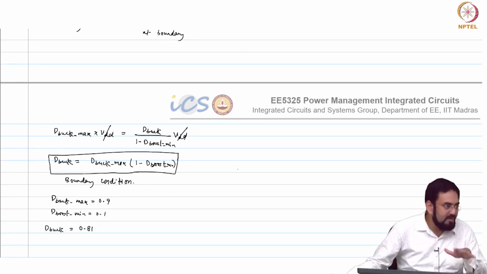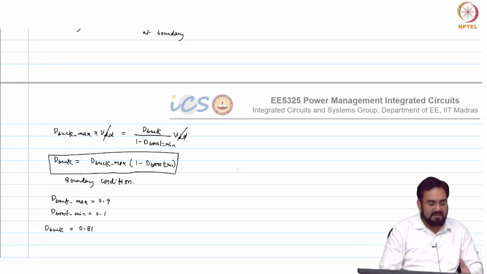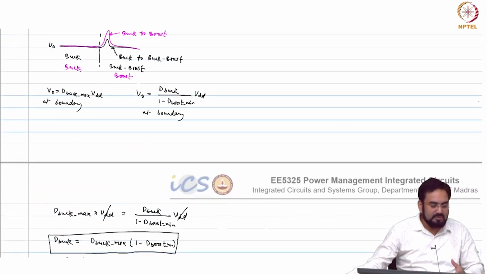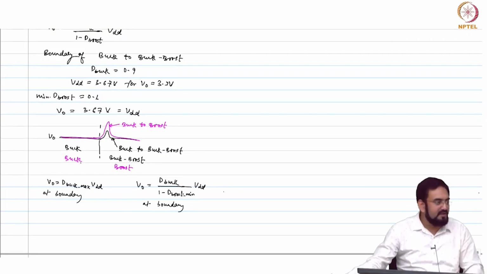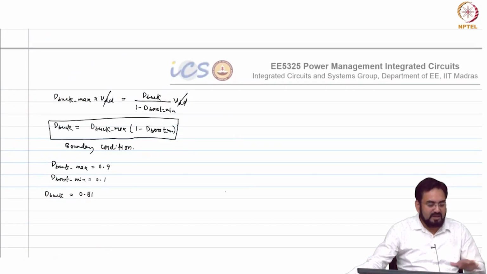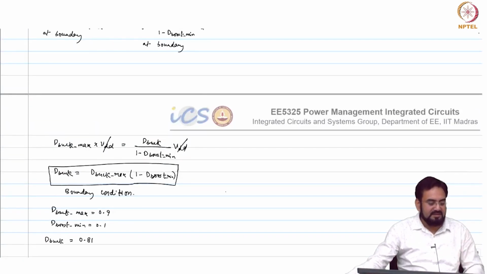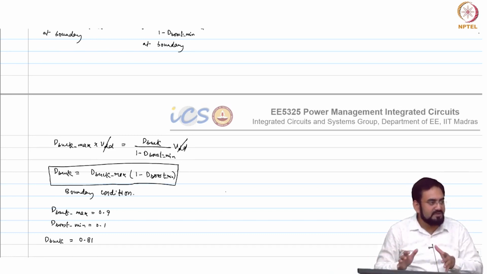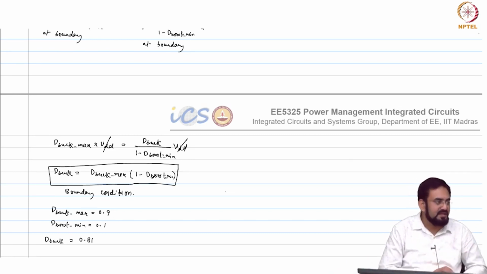So I know this is my boundary condition. When my buck duty cycle is saturated at 0.9, if I jump directly to buck-boost, I will see this kind of jump. Okay, that is clear. So in order to fix that, at a boundary condition, when I start both buck and boost, I have to reduce the buck duty cycle to 0.8, correct?